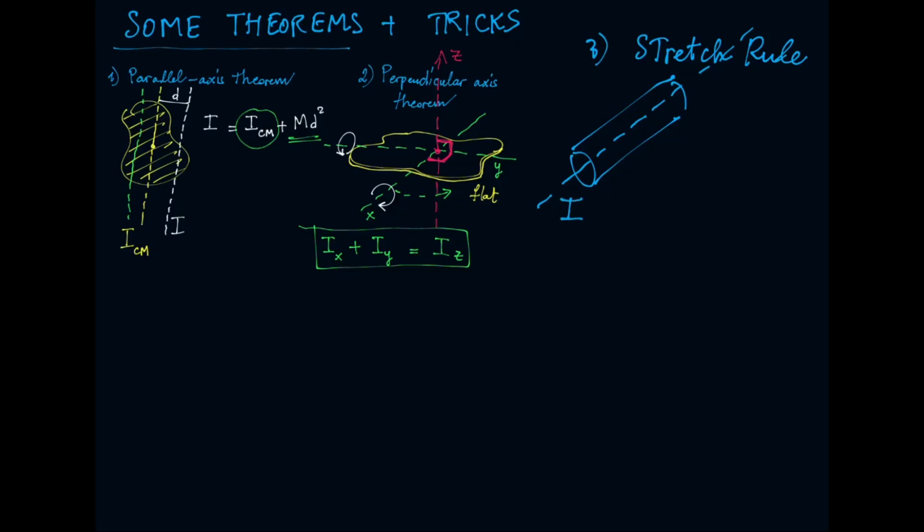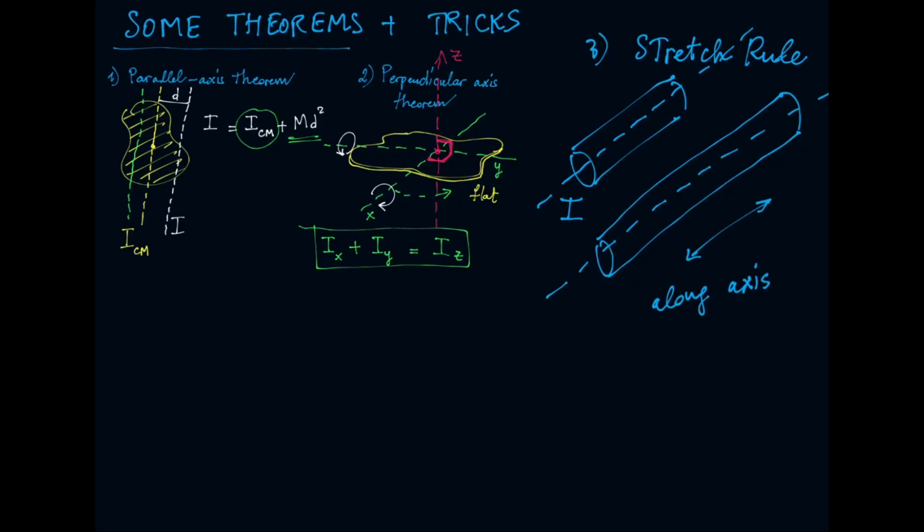And if you take this object and you keep everything the same, but simply elongate it, or actually even compress it, to be fair, you change its length along the axis of rotation, with the total mass being the same.